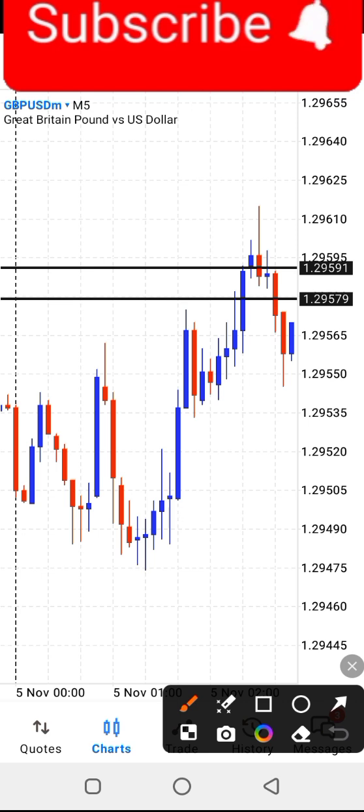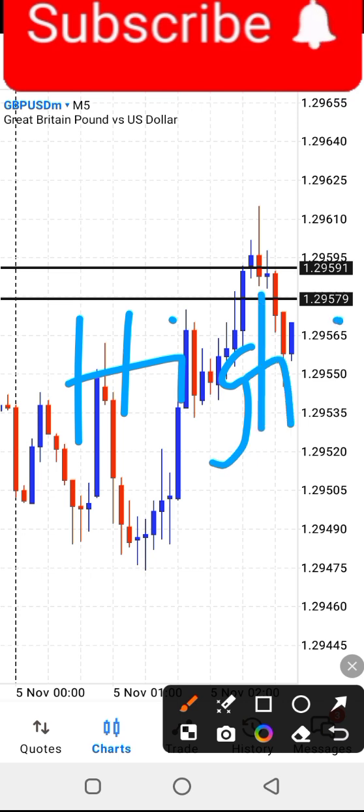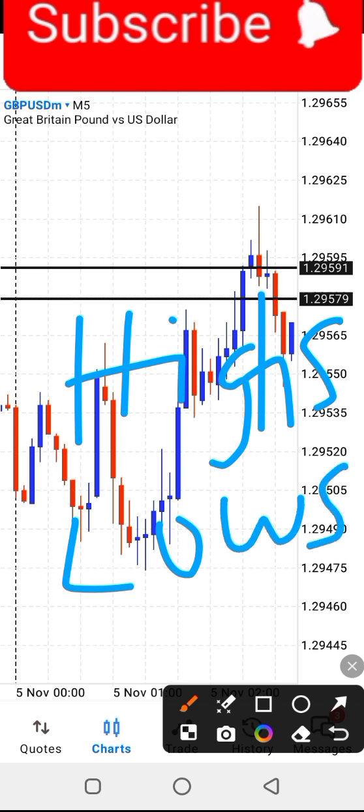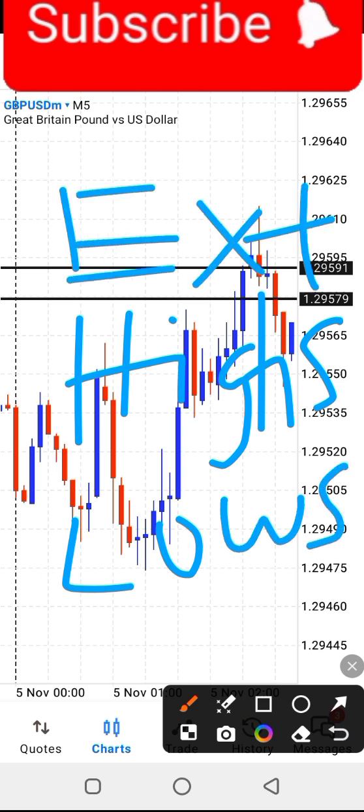When you're talking about external liquidity, we are talking about highs and lows. This is for external, EXT. External liquidity has to do with highs and lows. So each time price moves to take a high, it is actually clearing external liquidity.